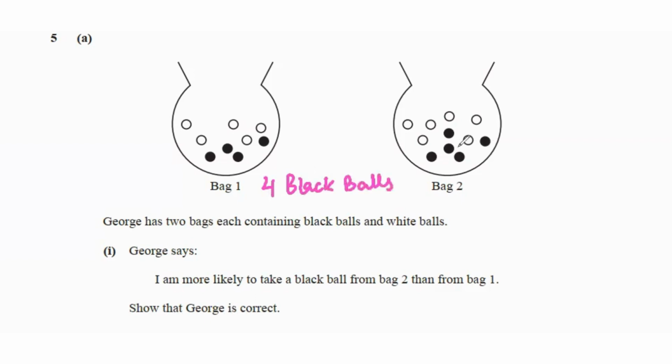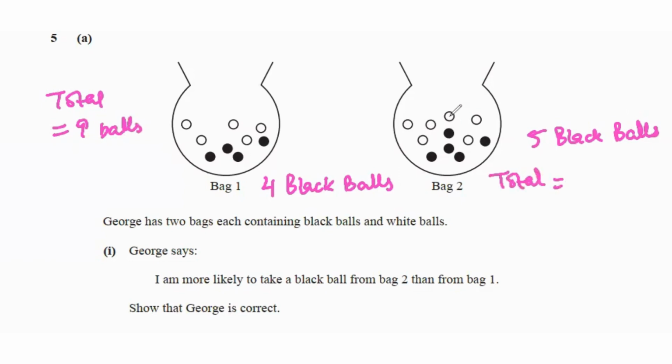And in bag 2 we have 5 black balls. Total in the first bag are 1, 2, 3, 4, 5, 6, 7, 8, 9 balls. And total in bag 2 are 1, 2, 3, 4, 5, 6, so 11.